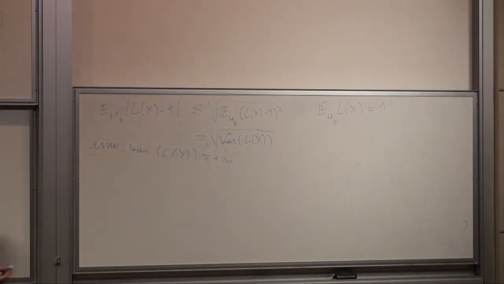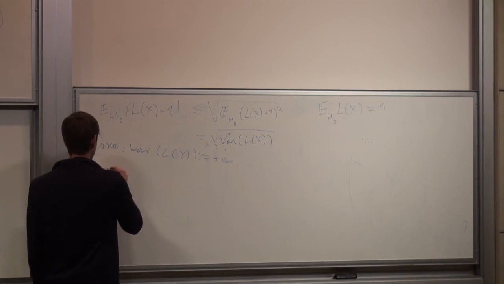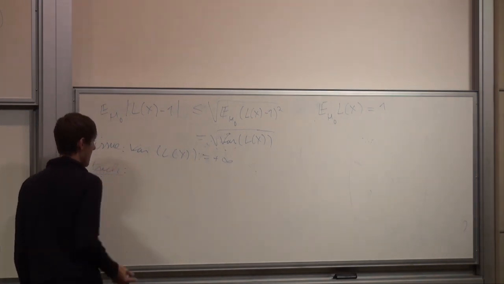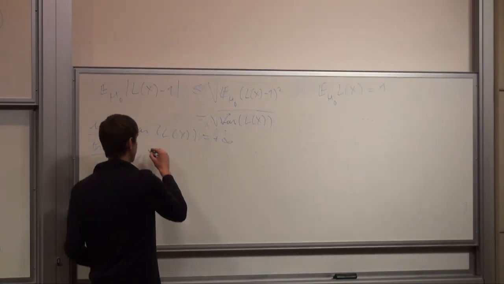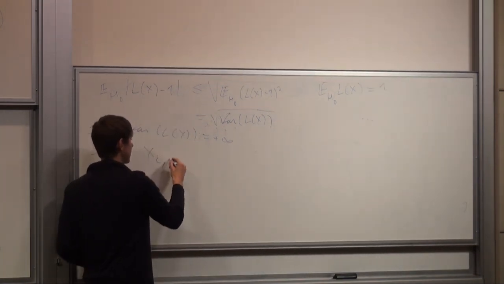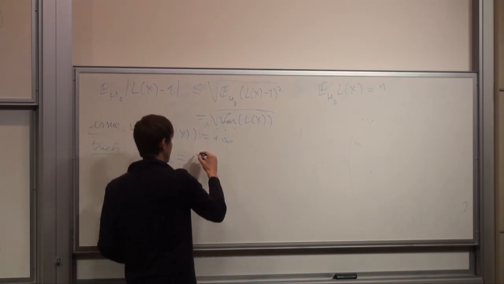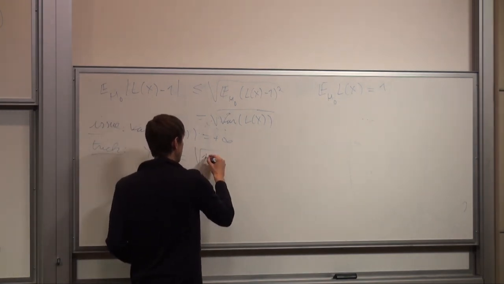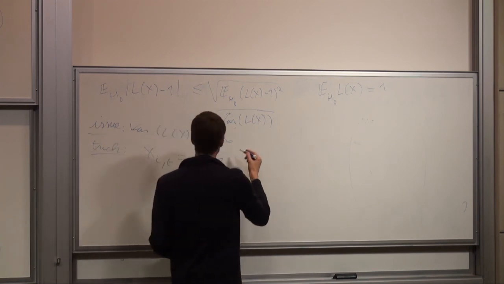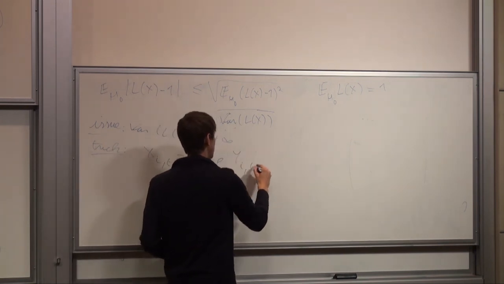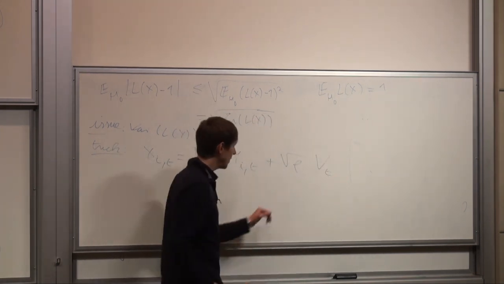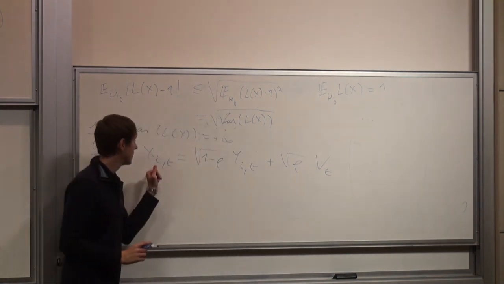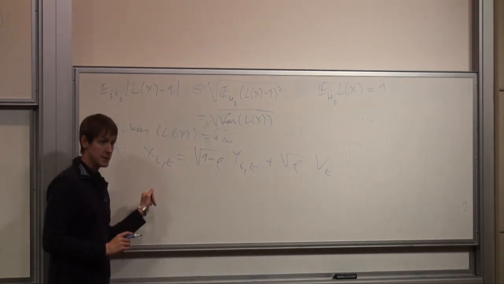So what you do, the trick, let me just give you the trick, is that you see these contaminated guys, I can write them as, so these X_i's are equal to the square root of 1 minus rho times some Y_it plus the square root of rho times V_t, where V_t is a common signal across all the i's.